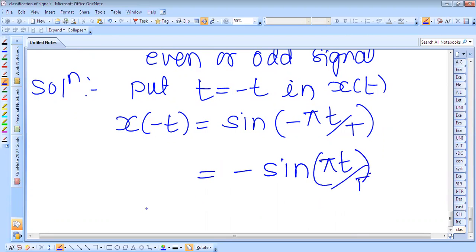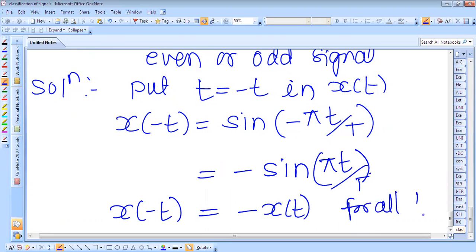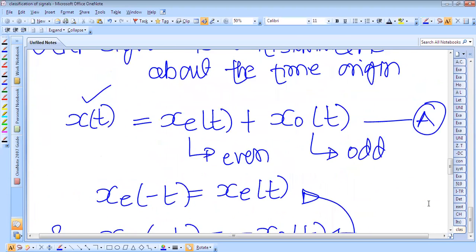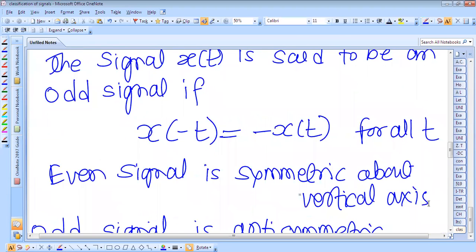Okay, so therefore, what is this? This is x of minus t is equal to minus of x of t for all t, and this satisfies the odd condition. Okay, we have seen the definition of odd. This is the definition of odd: x of minus t is equal to minus of x of t.